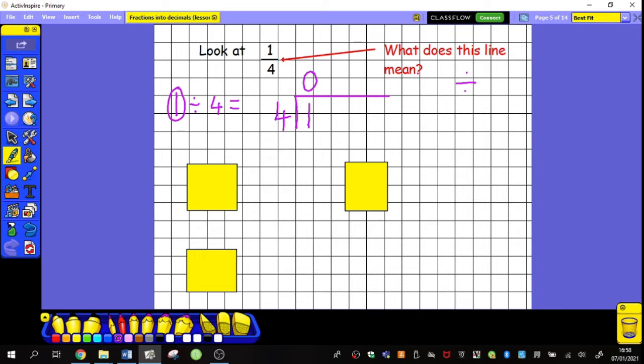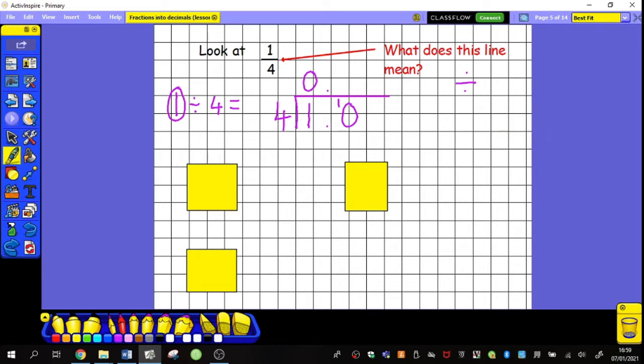Now I need to carry that 1 somewhere, just like you would in a normal bus stop. I'm going to carry it just the other side of the decimal point. What would be the other side of that decimal point? It would be a 0, because 1 as a decimal would be 1.0000, and they would go on forever. I need to get rid of that now because I need the space.